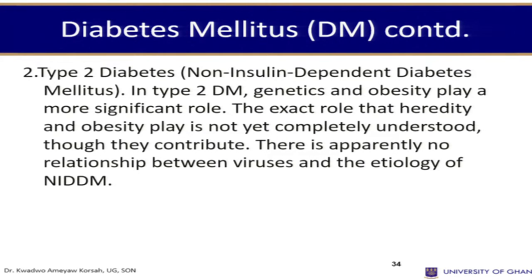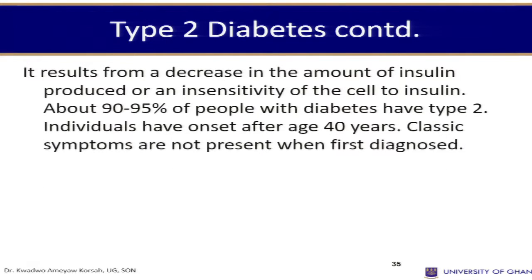Type 2 diabetes has another name; the old name is non-insulin dependent diabetes. In type 2, genetics and obesity play a more significant role. But the exact role that heredity and obesity play is not yet completely understood, though they contribute, and there is apparently no relationship between viruses and the etiology of non-insulin dependent type 2 diabetes.